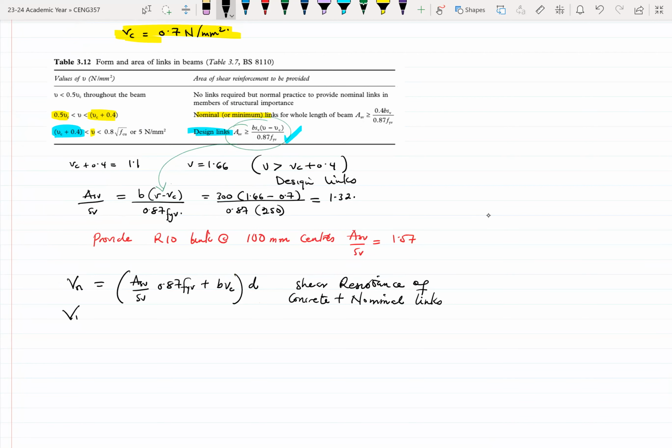So here our Vn will be equal to the ASV that we had, and this is where it becomes a bit interesting. So this will be the ASV from the nominal links, okay? This is from nominal links.